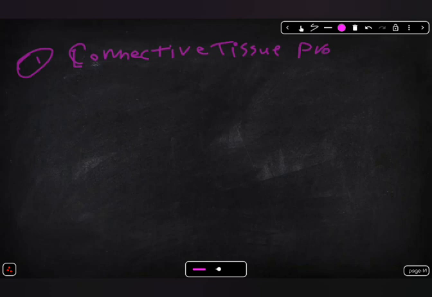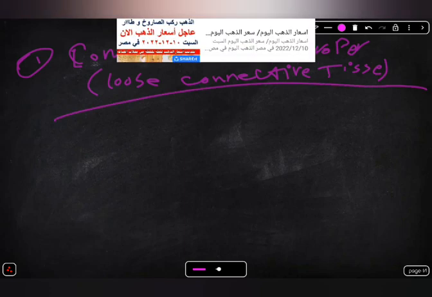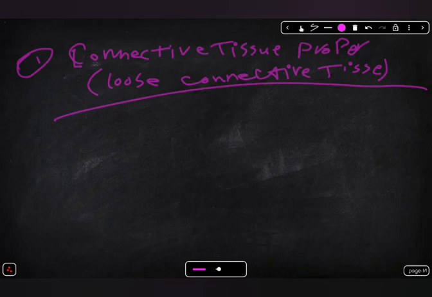Proper or loose connective tissue. There is 2 names, okay? A characteristics of the connective tissue, proper or the loose connective tissue.